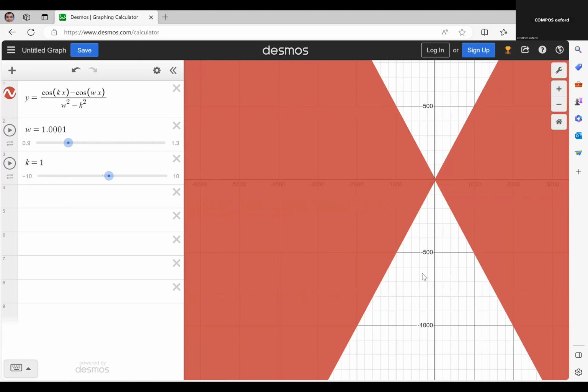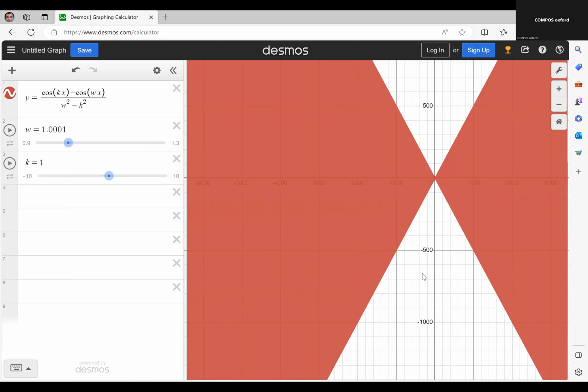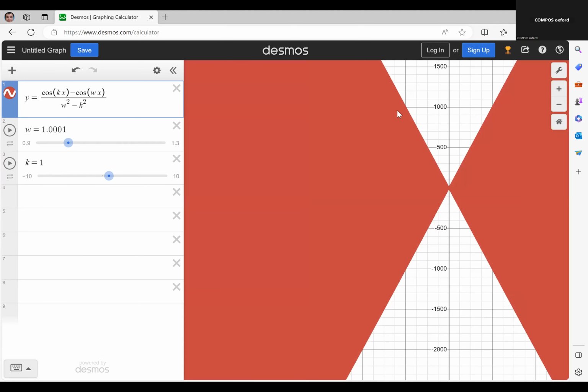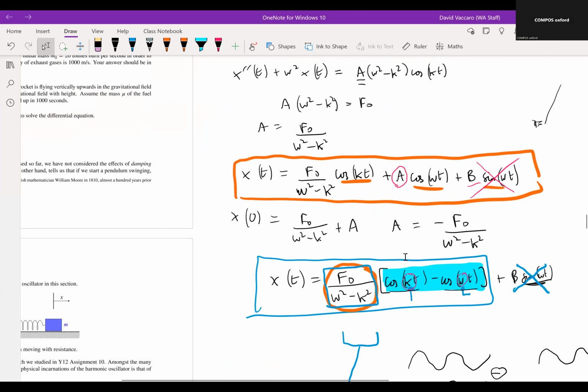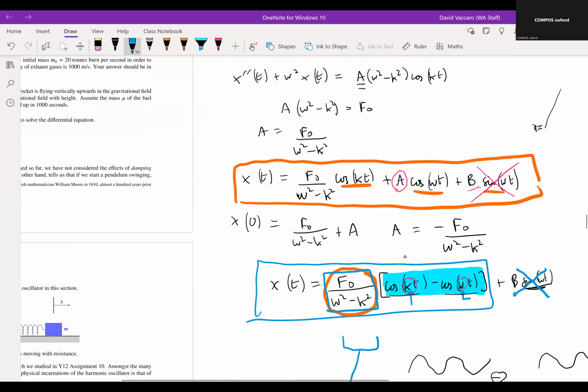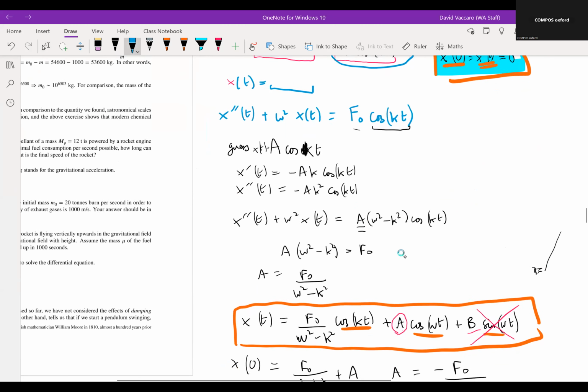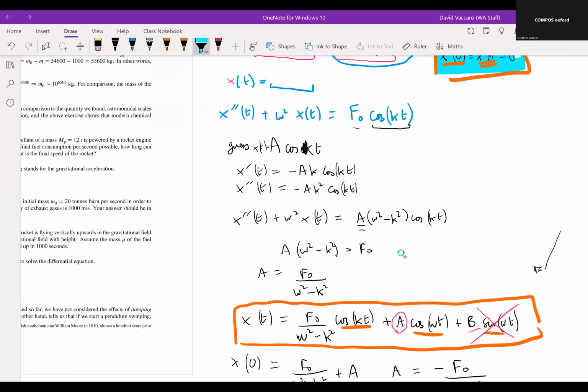What do physicists call that effect? Yeah, resonance. Now, mathematically, if k was to equal omega, my guessed function here would actually just no longer work.